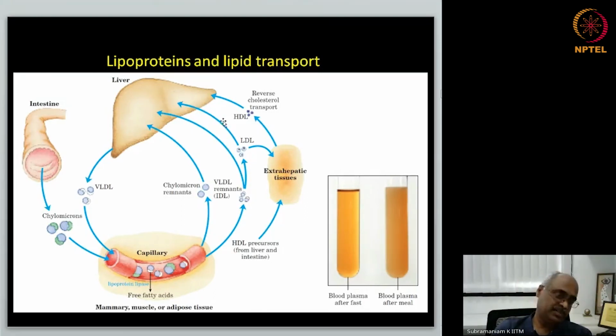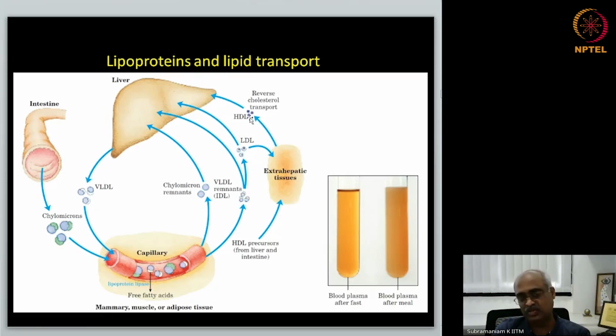And in addition to these three versions of lipoproteins, liver and intestine produce a particle called high density lipoprotein. These have slightly different apoproteins, and these take up excess cholesterol from different sources and transport it to multiple places.